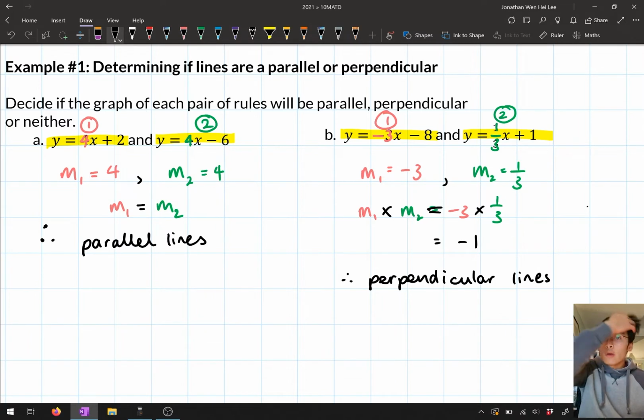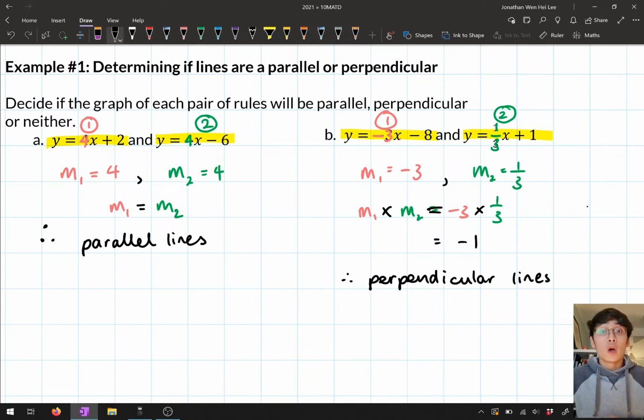If we want our two lines to be parallel, we need to just check that their gradients are equal. If they're perpendicular, we need to make sure that the gradients multiply to give me negative 1. And that's how I can check if lines are parallel or perpendicular. Firstly, we're going to find the gradient of our two lines, and here I labeled them as m1 for the gradient of my first line and m2 for the gradient of my second line.